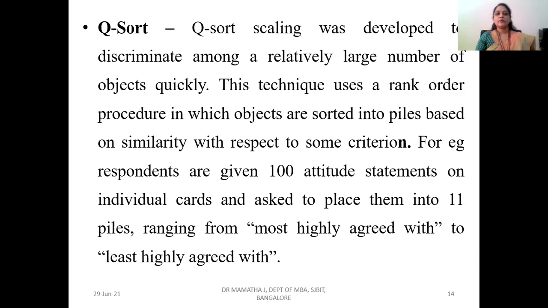So with 100 cards, they have to form 11 piles based on their preference, from most highly agreed with to least highly agreed with. The first pile might stand for highly agreed, and the 11th pile for least agreed. So they form 11 piles out of 100 attitude statements.